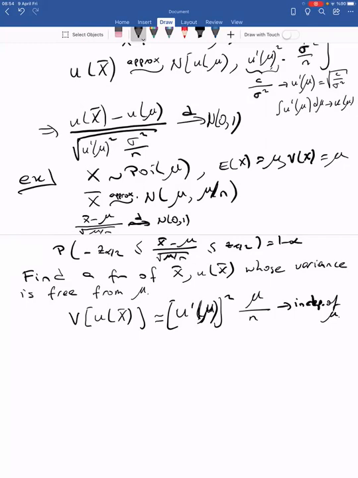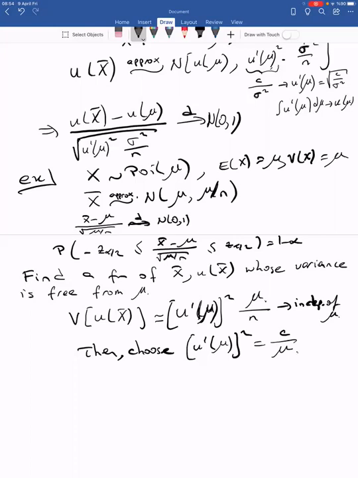So if we choose our derivative function as something over the square root of mu, when we take the square, these mu terms will cancel out. So choose u prime of mu whole squared as some constant over mu. Then this mu and this mu, these two mu terms will cancel each other.